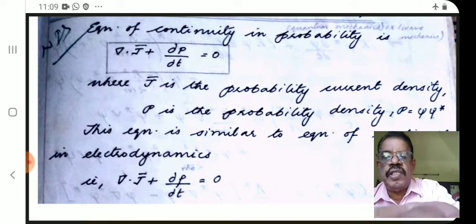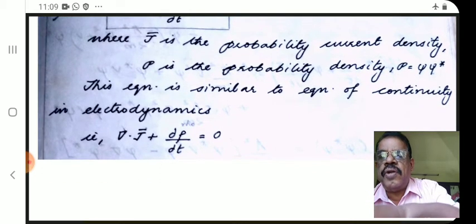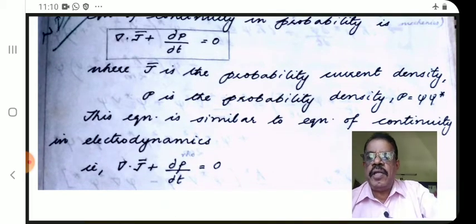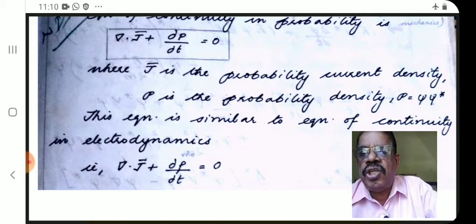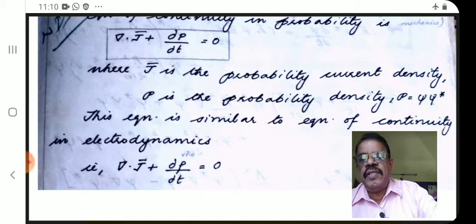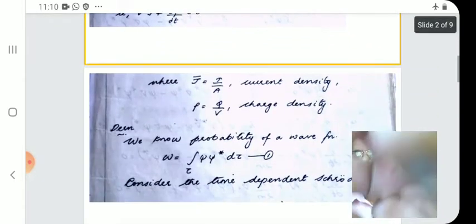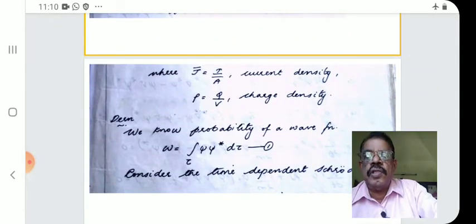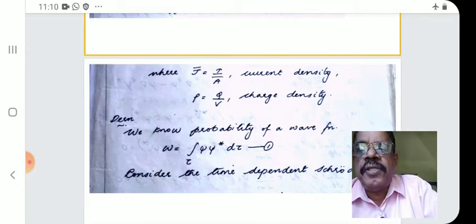This equation is similar to the equation in electrodynamics. A similar equation we study in electrodynamics, that is del dot J plus dou rho by dou t is 0, where J stands for current density, I by A, and rho is the volume charge density, Q by V, that we know.